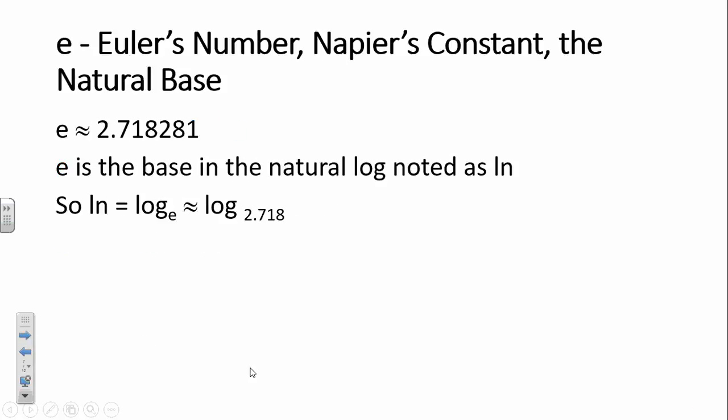So Euler's number, Napier's constant, was a number that you were first exposed to last year in Algebra 2. Probably the second special number that you knew that was an irrational number, one that never terminates, never repeats, that has its own special symbol, which is the letter E. Much like pi has its own special symbol. And E is approximately equal to 2.718281.